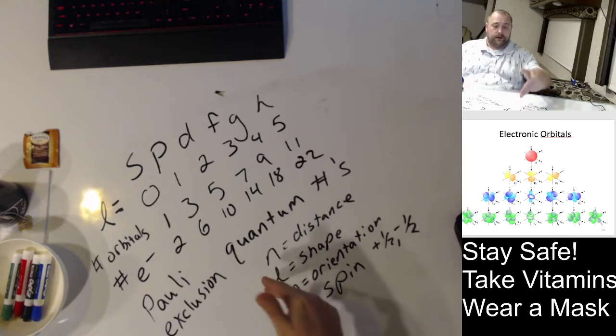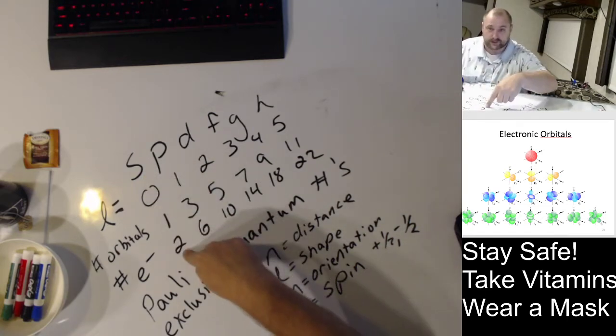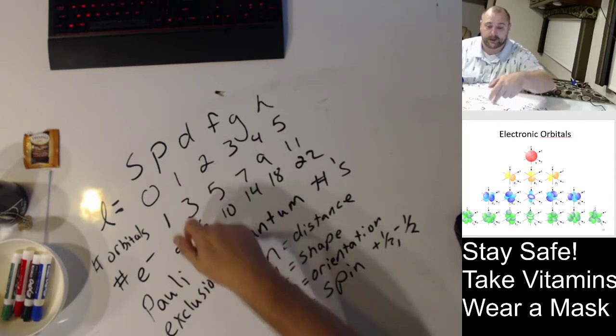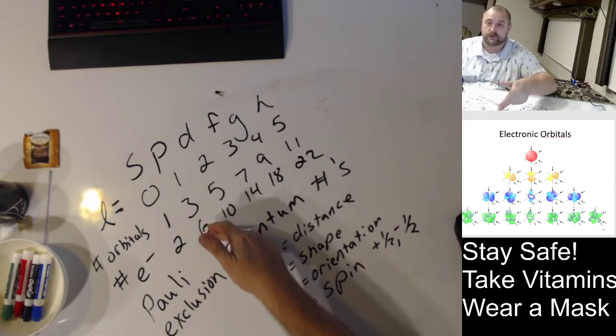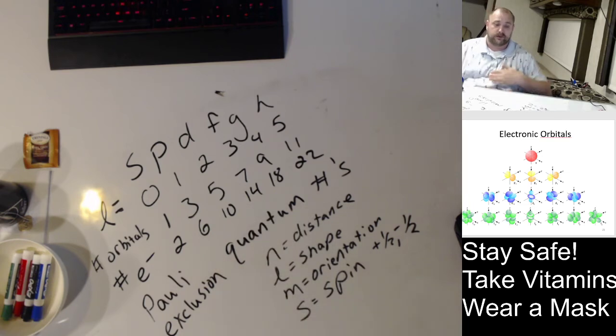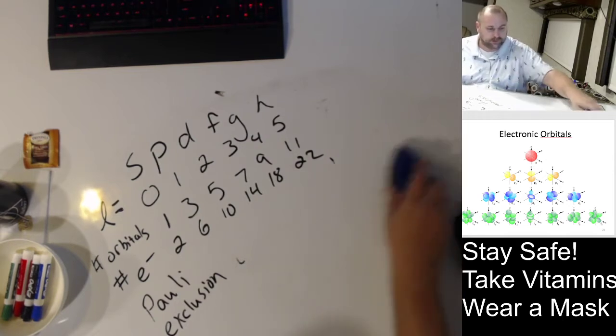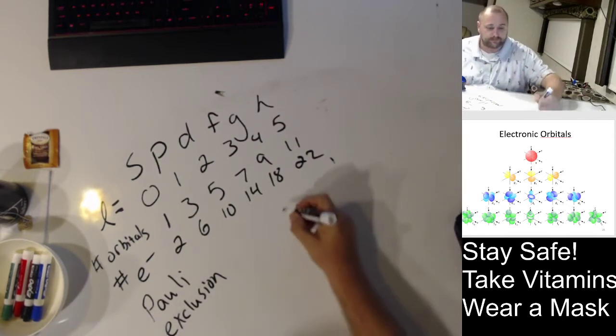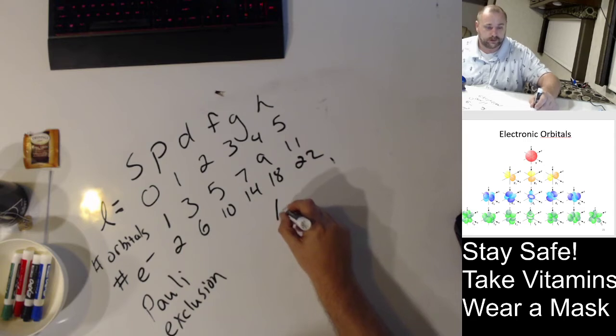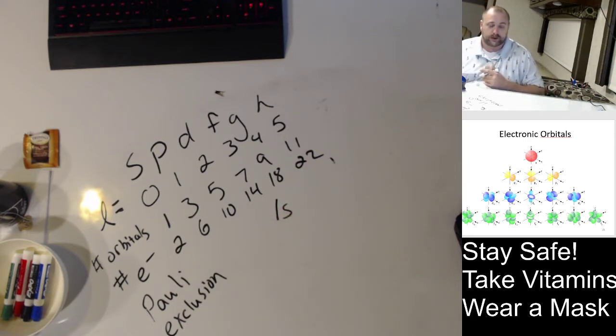And then if I come up to L, well, I know that S's hold 2 max, and P, there's 3 different ones, so there's 6. And D's hold 10, and so on. And if I do N, then we can play with these numbers. But what this really does, even easier than that, we'll learn to show this 1s, but the first energy level only has enough space for the s.